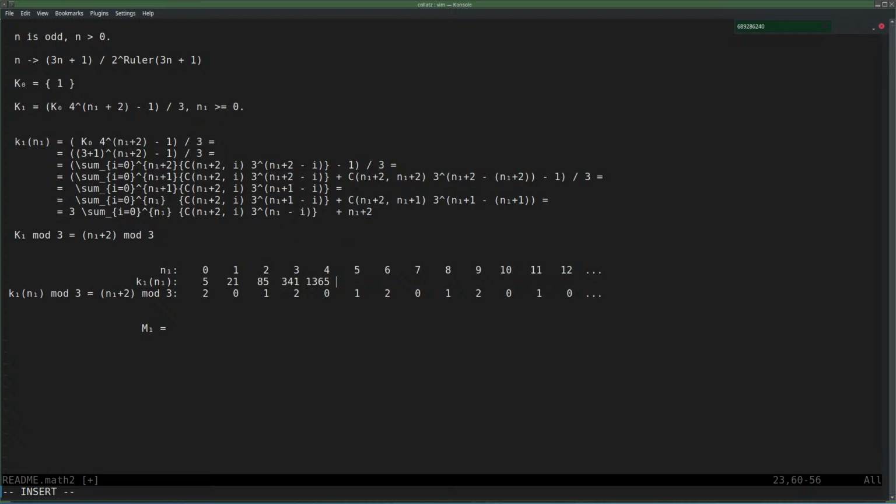Well, let's use a calculator. 1365 times 4 plus 1 is 5461. Yeah, I'm afraid I need a few, so you have to continue. Times 4 plus 1. Going that fast. 21,845.